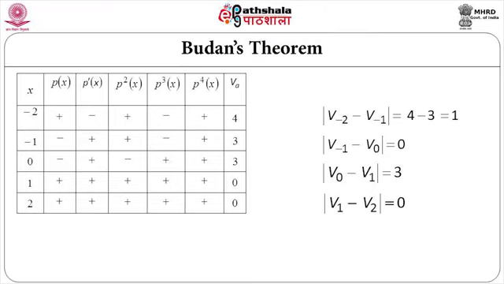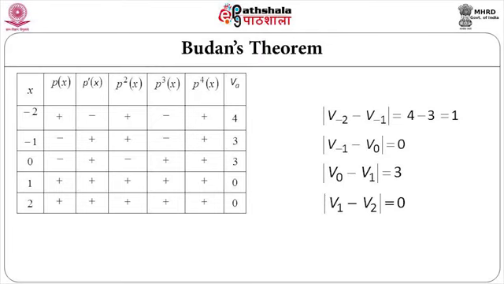Between 0 and 1, v0 minus v1 is 3, and that means the number of roots in 0 to 1 is either 3 or less than that by a multiple of 2, meaning 1 or 3 roots lie in the interval 0 to 1. And again for 1 to 2, v1 is 0, v2 is 0, so there is no root in the interval 1 to 2.